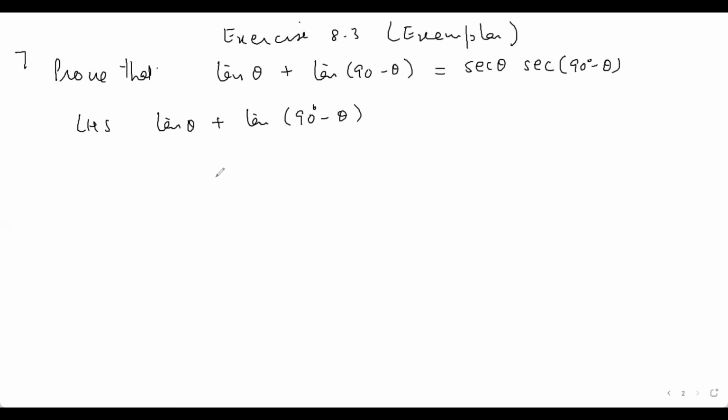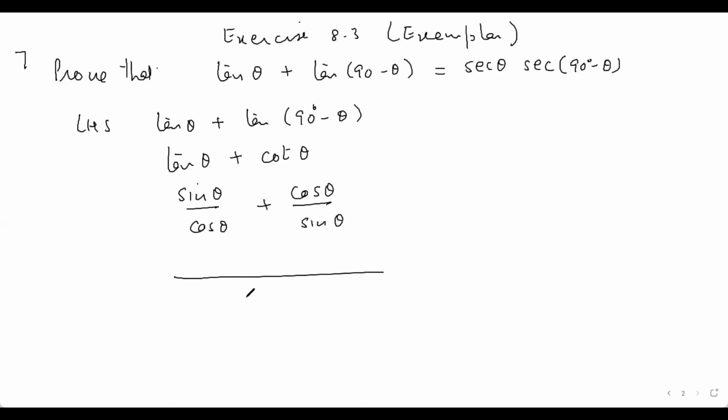Its left hand side is tan theta plus tan (90 degree minus theta). Now this can be written as tan theta plus cot theta. Tan theta we can write it as sin theta by cos theta, and cot theta can be written as cos theta by sin theta. Now the LCM is sin theta cos theta.